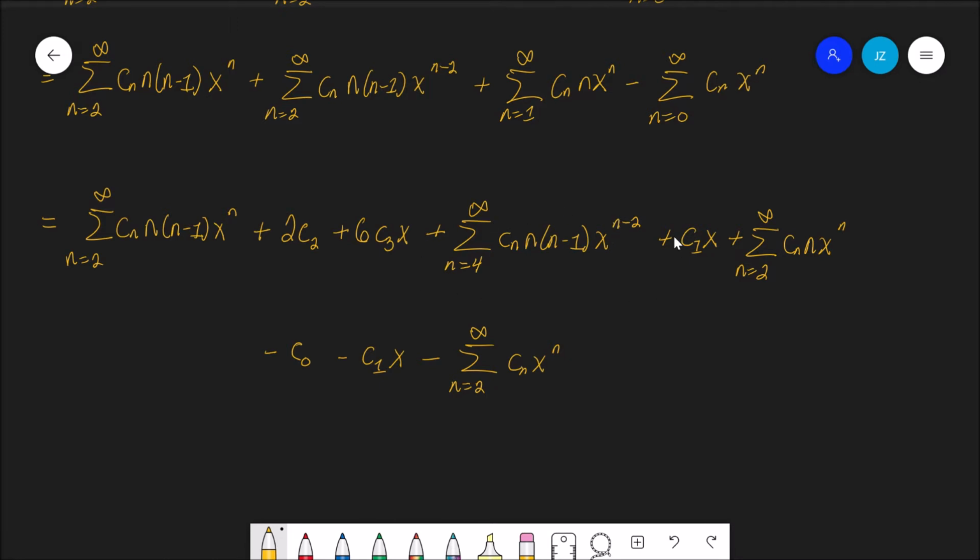We're now going to change this index here so that this becomes just an n, and this becomes n equals 2. I'm also going to move all of my terms that I pulled out of summations to the front.